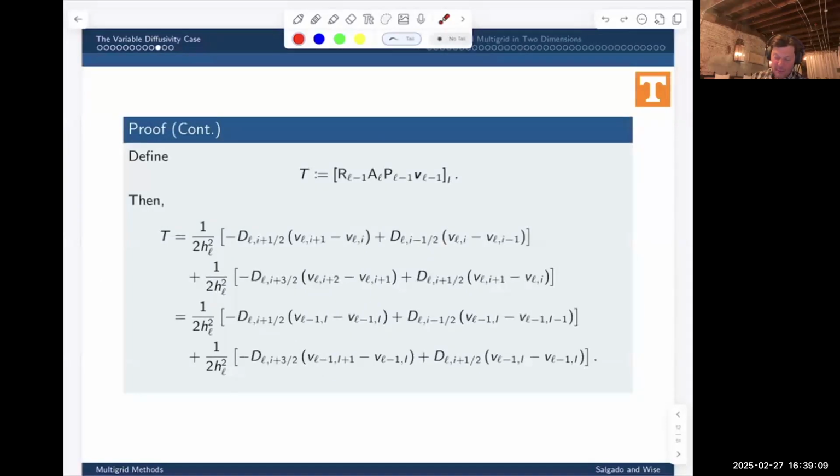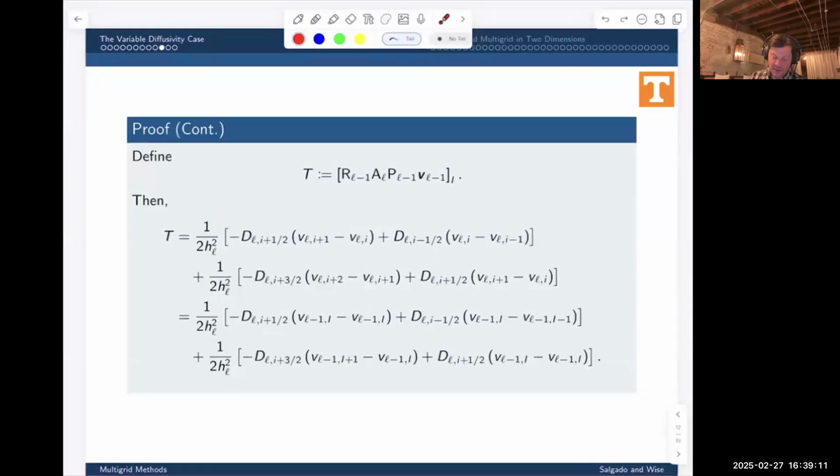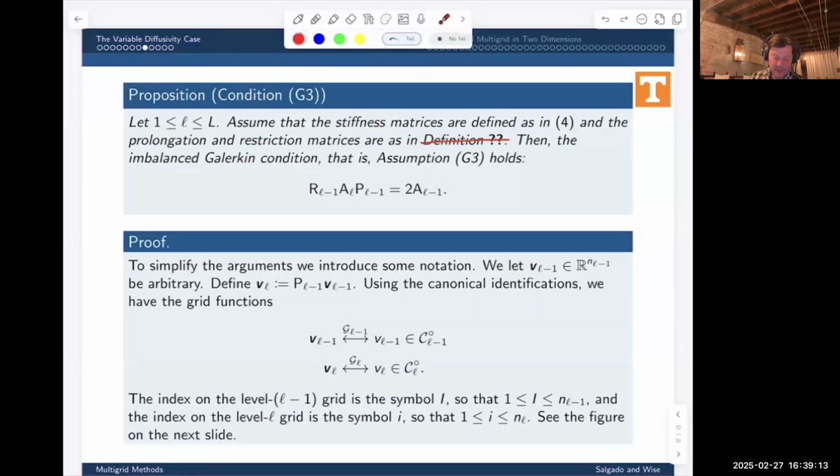All right, now I want to show that this imbalanced Galerkin condition holds. And so what I want to do is take this operator and act on an arbitrary vector, and take this and act on an arbitrary vector, and show that I get the same things.